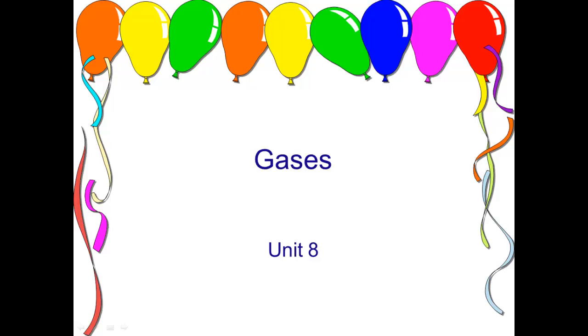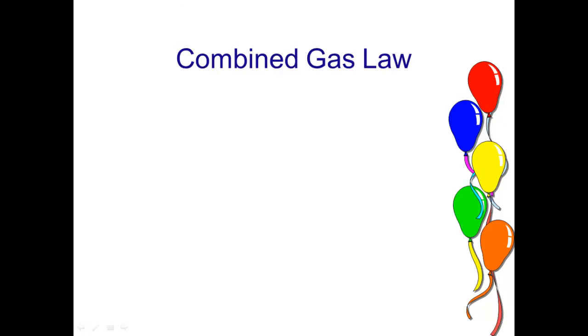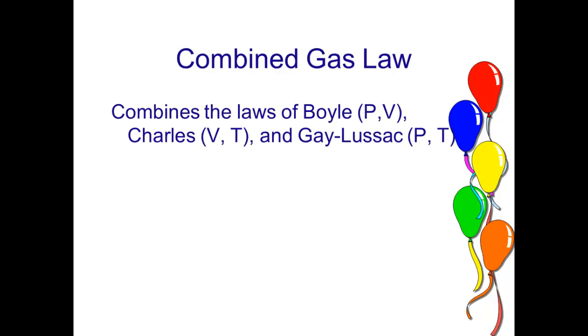So today is the combined gas law, which is a combination of three of the other laws. So we take the equations for Boyle's law, Charles' law, and Gay-Lussac's law and put them into one equation.